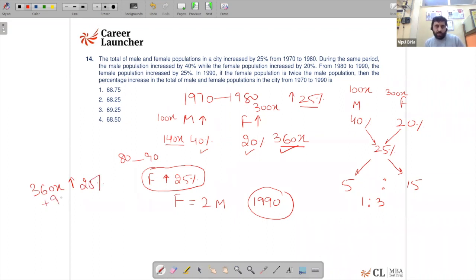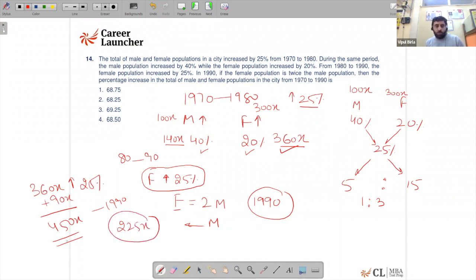So if I increase that by 90x, it will come out to be 450x. So in 1990, the female population is 450x. And they've also given that it is equal to twice the male population in 1990. Therefore, the male population in 1990 will be half of this, which is 225x.